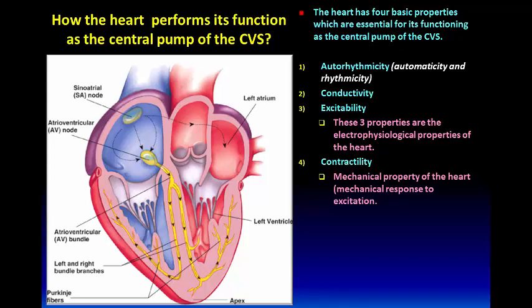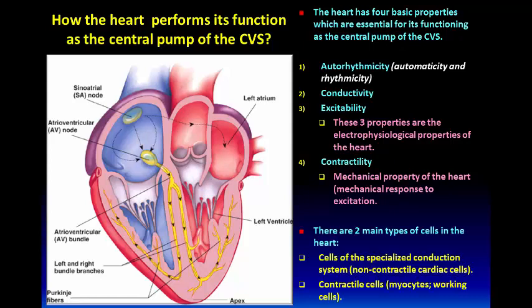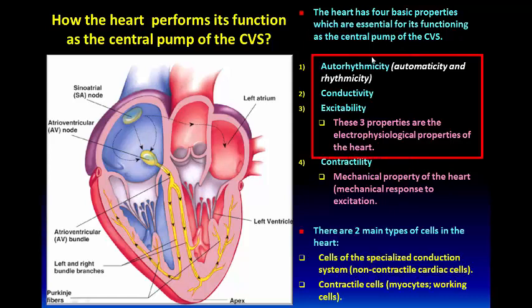In this lecture, we shall focus and describe the electrophysiological properties of the heart in more details. As we also mentioned in the previous lecture, there are 2 main types of cells in the heart: the cells of the specialized conduction system of the heart.